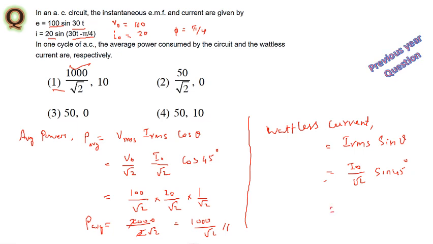I naught is given as 20, so 20 divided by root 2 into sine 45, that is 1 by root 2. Root 2 into root 2 is 2, so 20 divided by 2 is 10. So 10 ampere is the current.